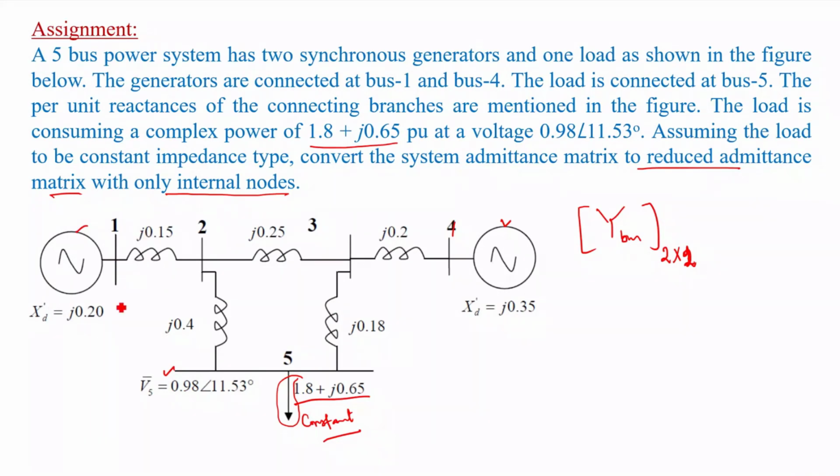Generally, the Y-bus matrix for this system is 5 by 5. Now, if we find the reduced Y-bus matrix as per our theoretical analysis in the previous class, it should become 2 by 2, considering the internal nodes of the generator. So we need to find this reduced Y-bus matrix.